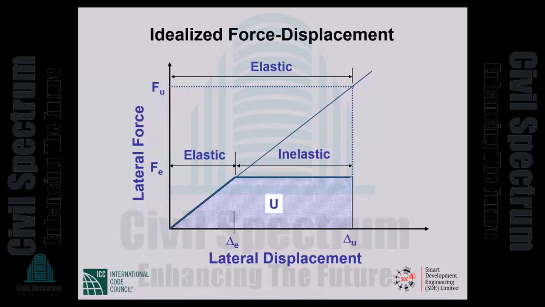Now, if I were to turn around and say we are required to design this structure for elastic response to the design earthquake, the immediate conclusion would be that we must provide the structure with a design strength at least equal to capital F sub u, the largest force that the earthquake had induced in the structure. If we decide that we cannot afford that high a strength level, that all we can afford is a much lower strength level F sub E, then what will happen if the same earthquake hits our structure?